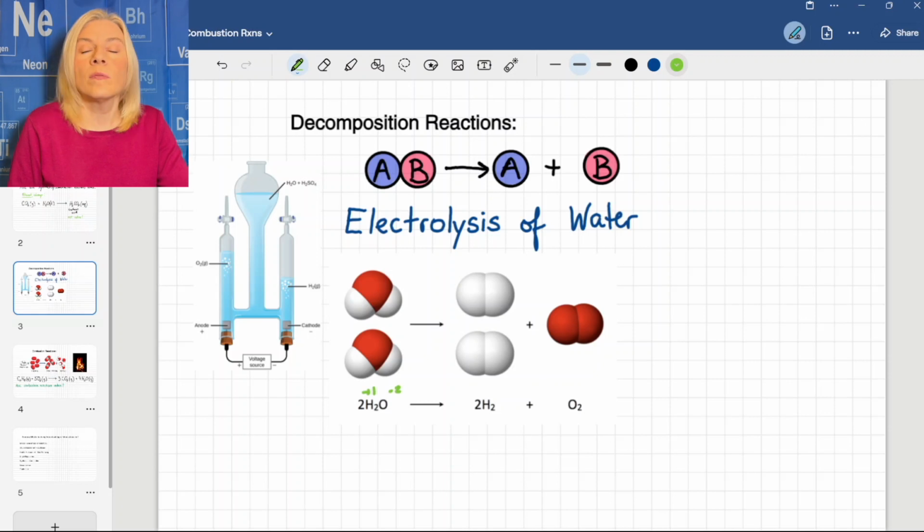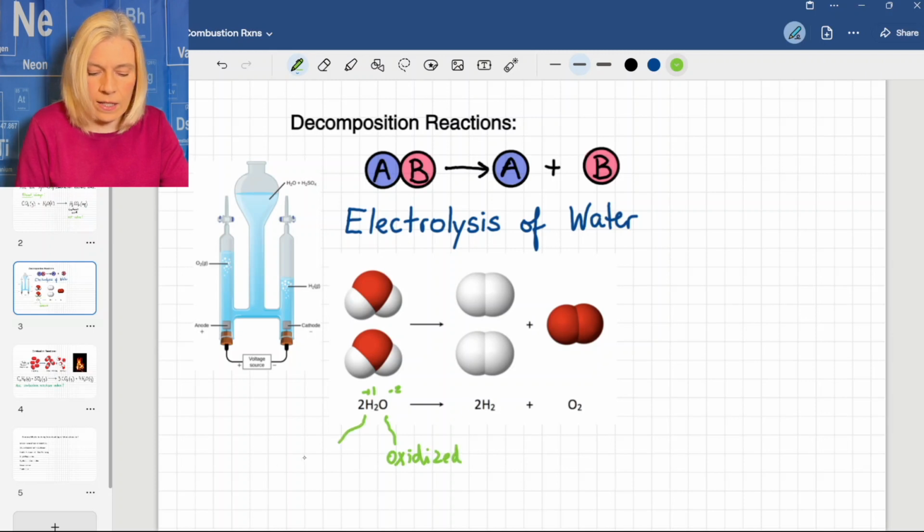So oxygen in that water molecule lost its electrons. So it's oxidized. And hydrogen was positive, gained electrons, reduced. So this one is an example of decomposition, but also redox reaction.